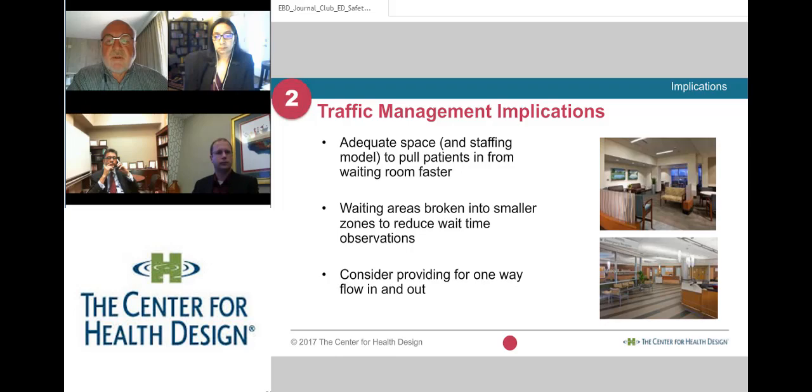I think the traffic management implications are important as well. One of the things that we all know exists in an emergency department is a high level of anxiety for the people that have come through that door for whatever purpose.